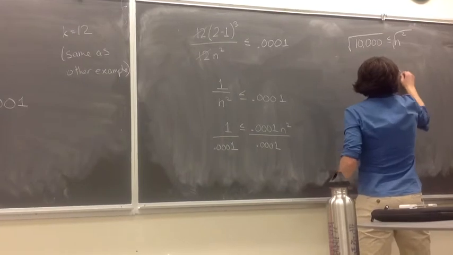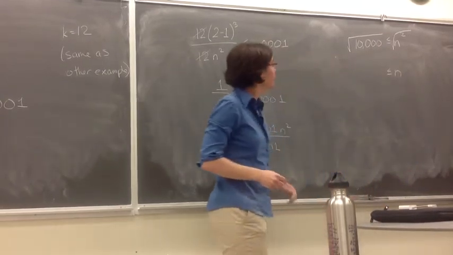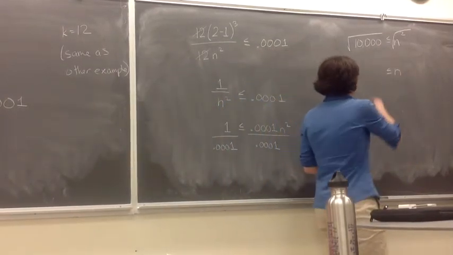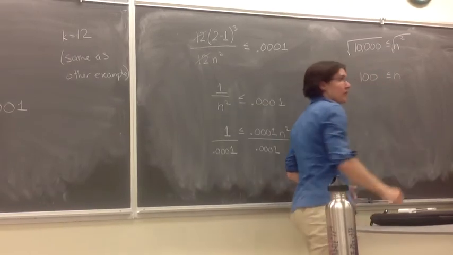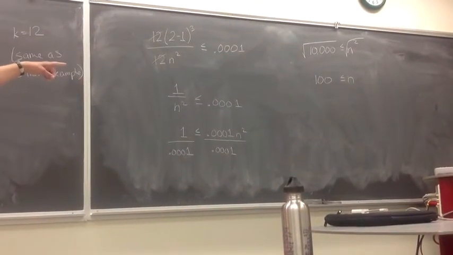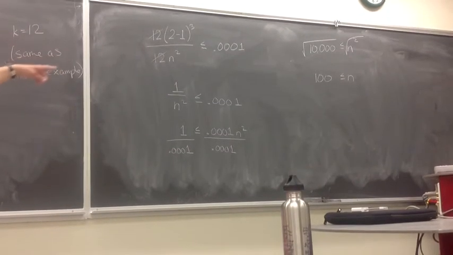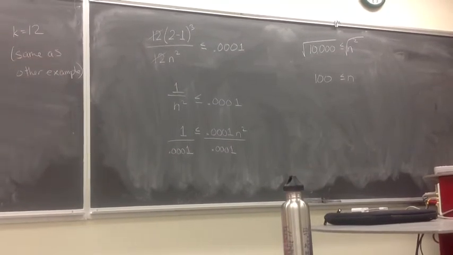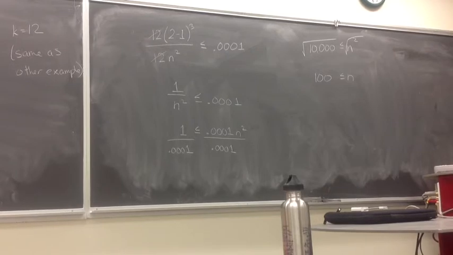And so I've got an n on the right side, and the square root of 10,000 is 100. So this tells me that I need at least 100 subintervals in order to get within 1/10,000th of my actual value.